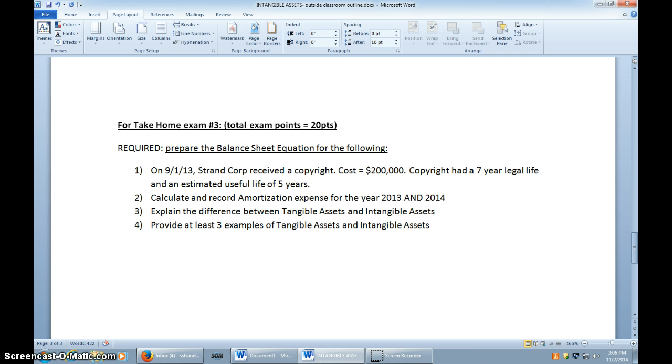So here's a great opportunity for you to get a head start on exam number 3 and crank up 20 points that go along with it. So I'll sort of read this with you, but you can see it yourself, I think. I'm asking for the balance sheet equation, of course also known as the accounting equation, what we've been working with, for the following.